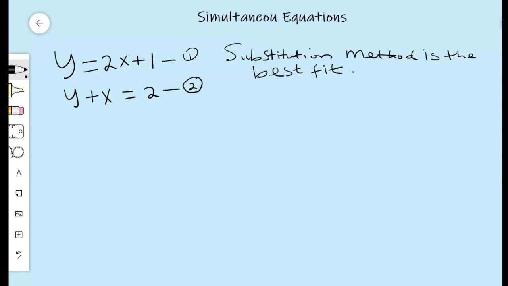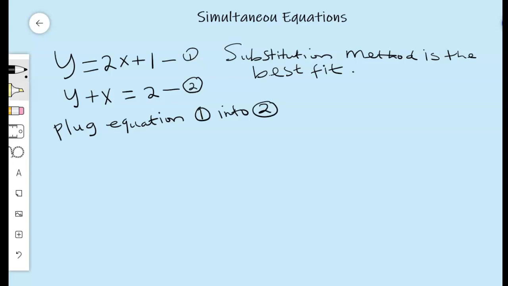So what we are going to do is plug equation 1 into 2.